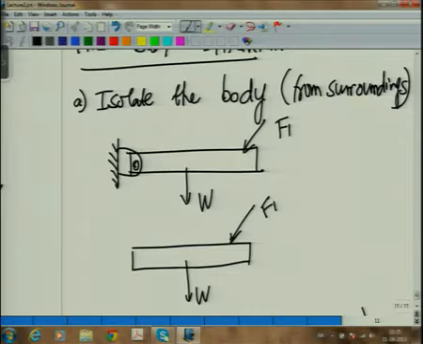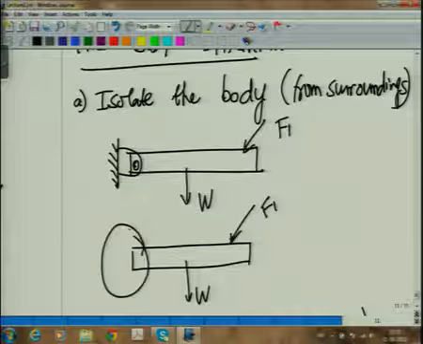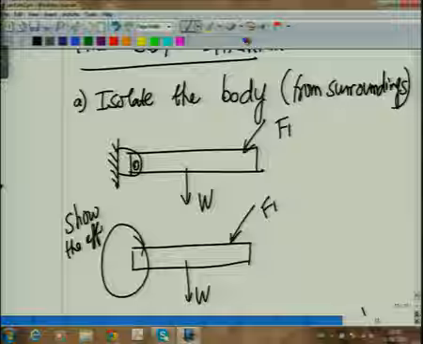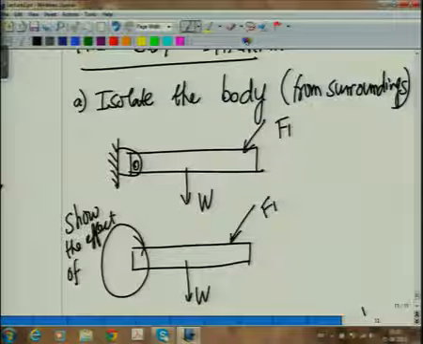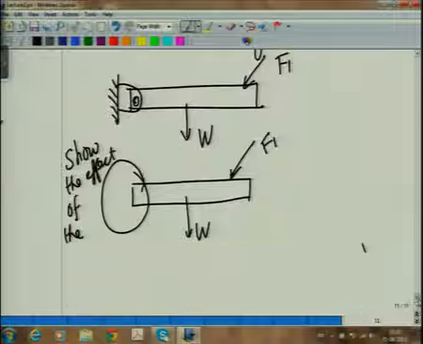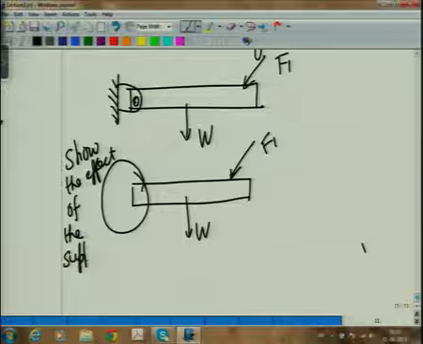Next, when I come to this corner, I see I have isolated a pin. So now what I have to do is, at this point, I have to show the effect of the support.